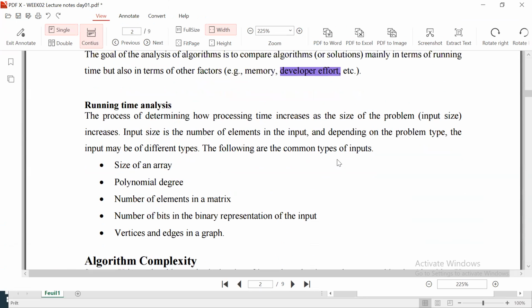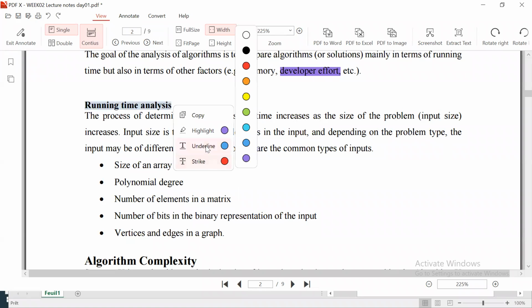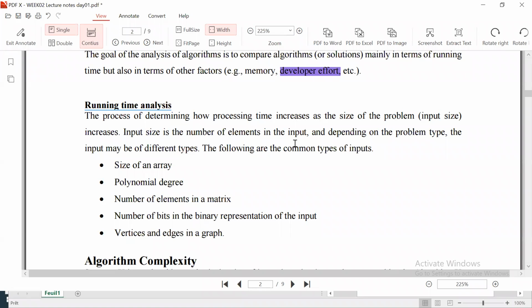All right. Now we have what we call running time analysis. You know, when you have an algorithm, like we saw last time, an algorithm needs input, it needs some processing, and at the end there is output.